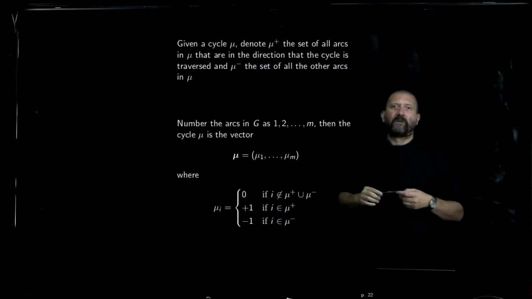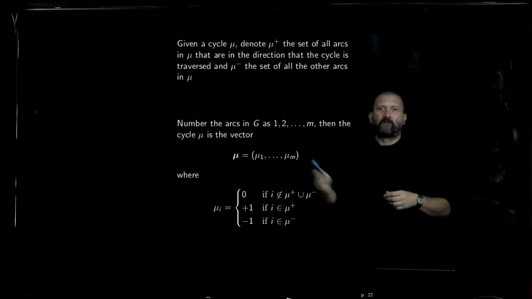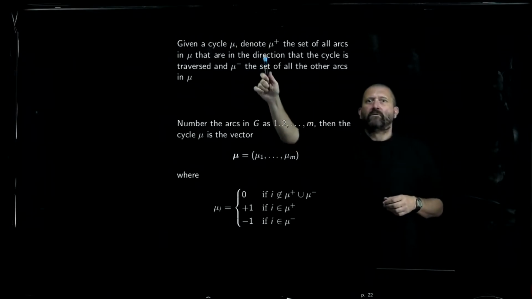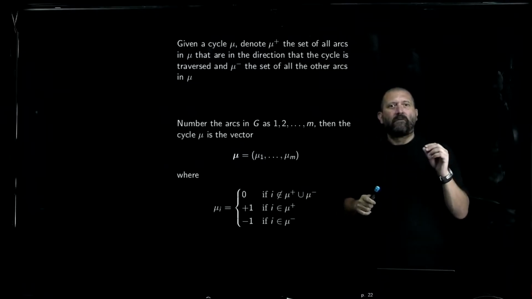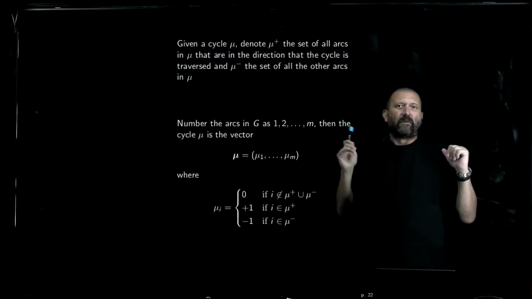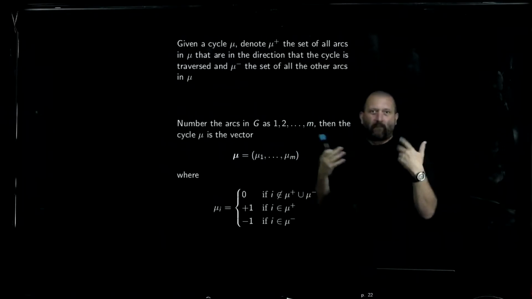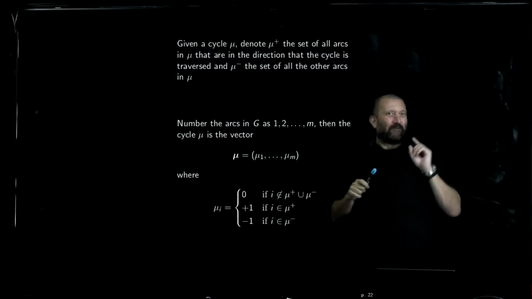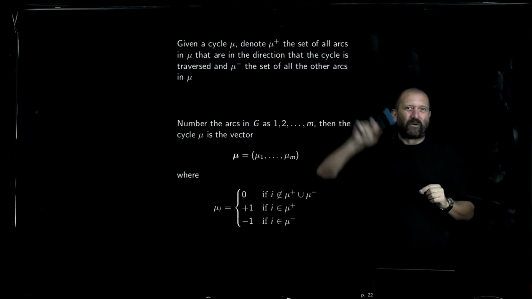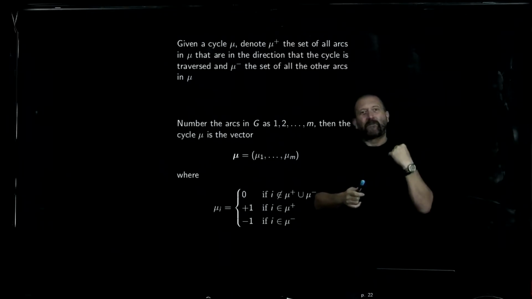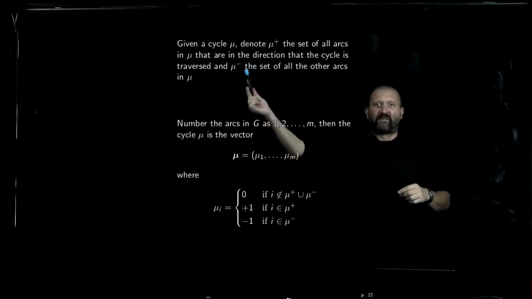The way we're going to denote this is that we write mu plus the set of all the arcs that are followed in the proper direction, when you follow the arrow, you put a plus. And when you go counter to the arrow, you put a minus, okay?